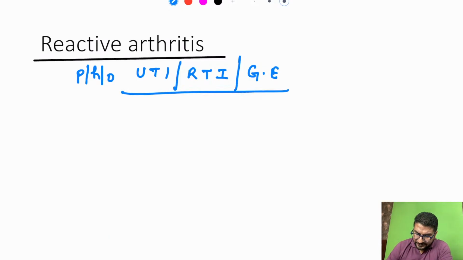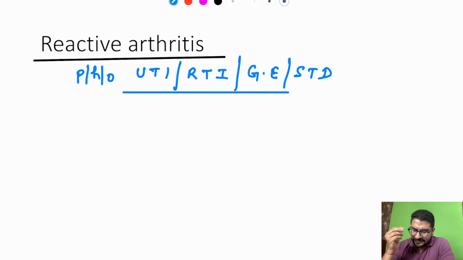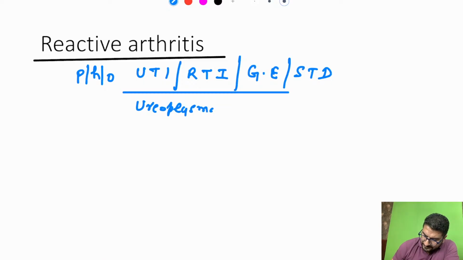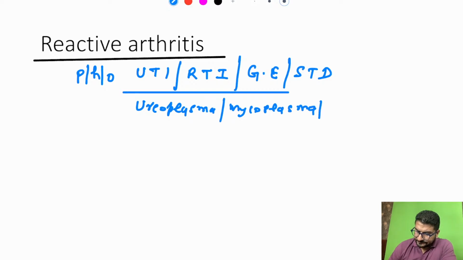Sometimes they will not give you these words, they will give you name of the common microbe, or they can also mention past history of some STD. Means suppose few weeks before patient had, suppose I can say ureaplasma infection, or they can use like a mycoplasma infection. तो पेशेंट को 2 हफ्ते पहले सपोज माइकोप्लाज्मा का निमोनिया हुआ था.